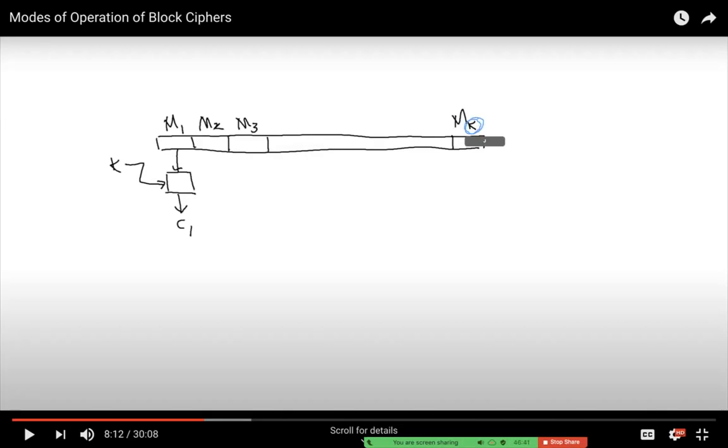I probably should use N, because I don't want to give you the confusion that these two Ks are the same. So this K is just the number of blocks, and this K represents a secret key. I hope that you can make that distinction yourself. Otherwise, you can use a different symbol.